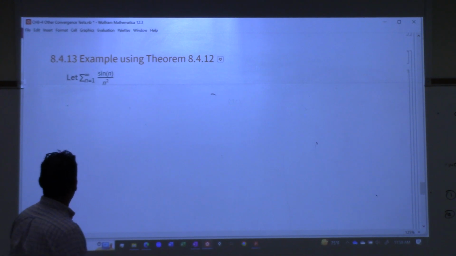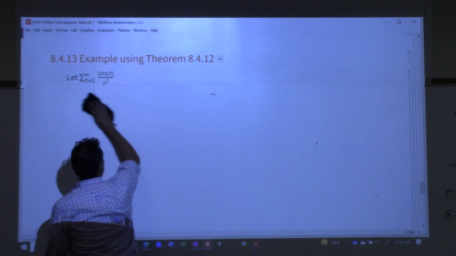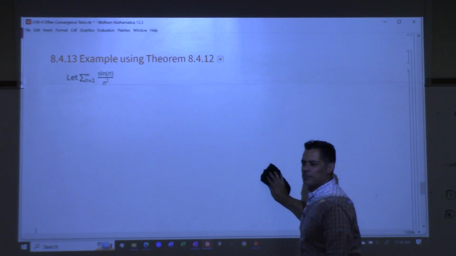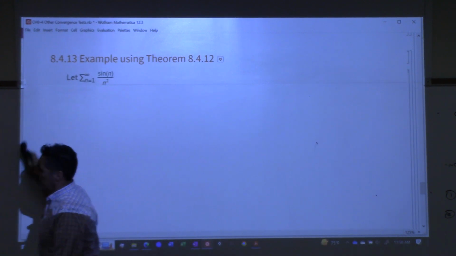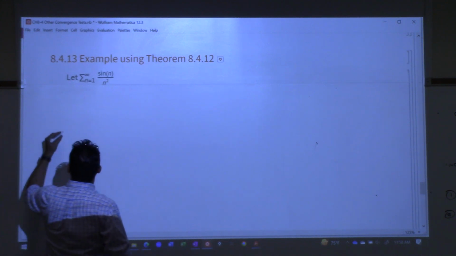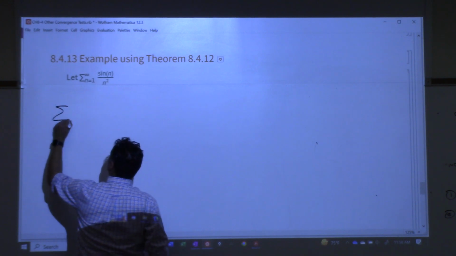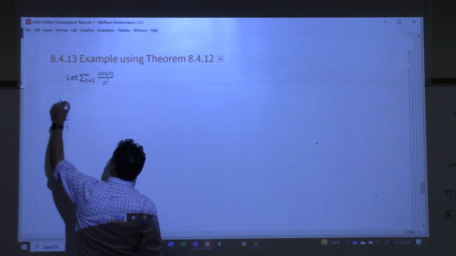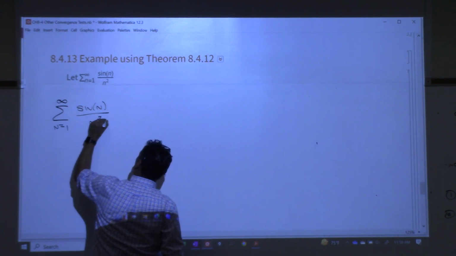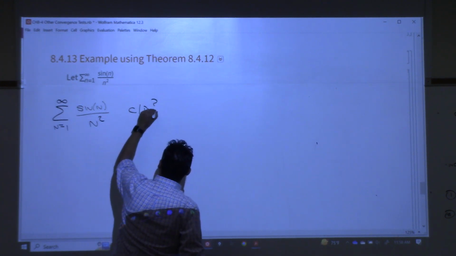Look at this one. All right, so the question here is, does this converge or diverge? I'm not asking about absolute convergence.